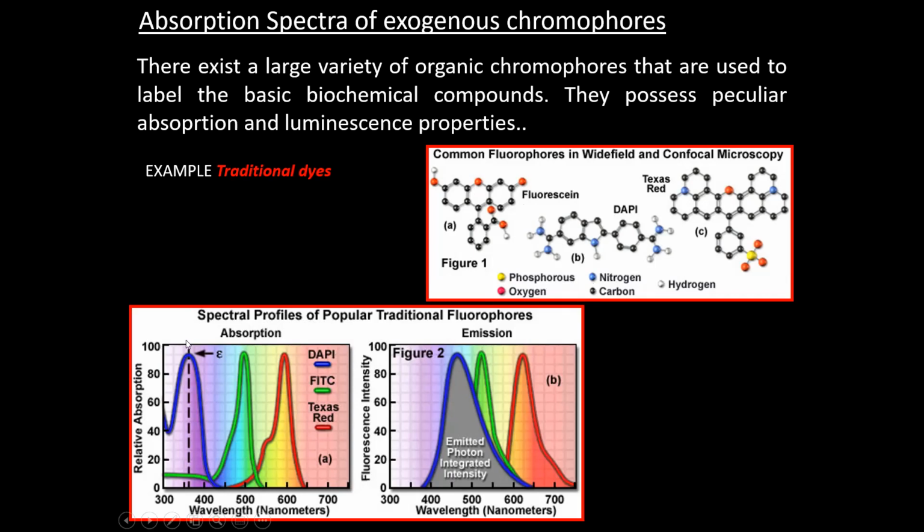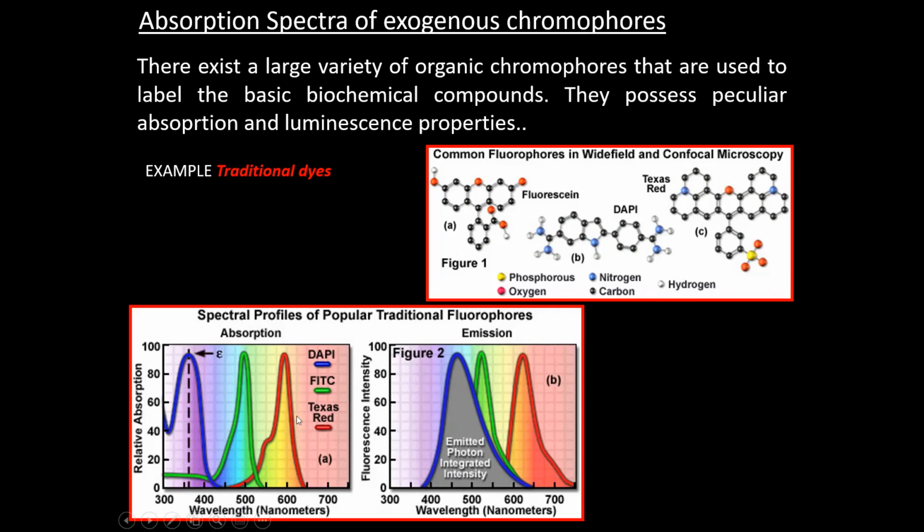That is, DAPI absorbs with an absorption peak at about 350 nanometers. FITC, or fluorescein, absorbs with a peak at about 480 nanometers, and Texas red absorbs with a peak a bit less than 600 nanometers. And the three absorption bands are well separated.